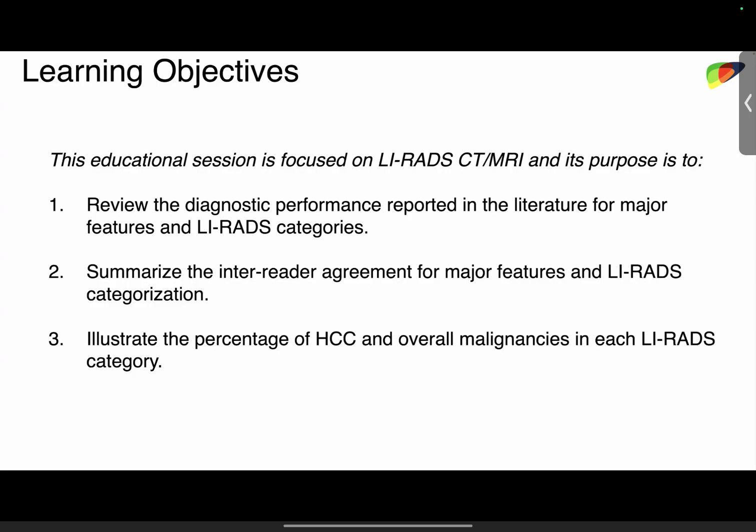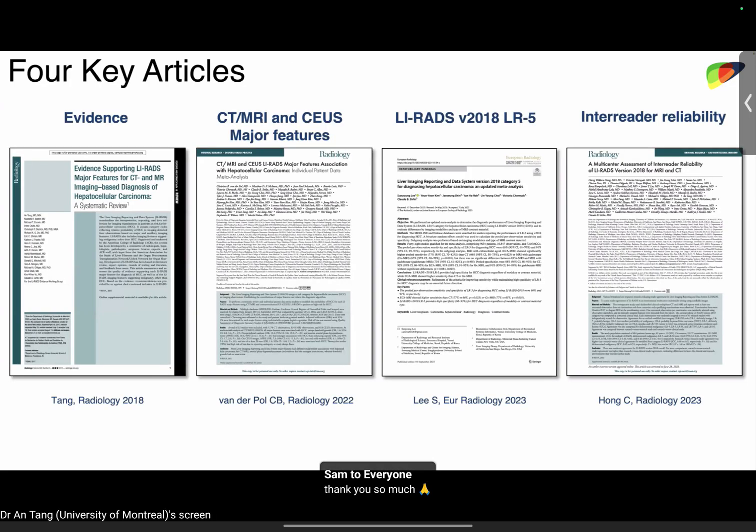If you like to read at your own pace, I would encourage you to take a quick look at these 4 papers covering evidence: a meta-analysis discussing major features by Christian van der Pol, LI-RADS 5 by a meta-analysis by Lee and colleagues, and a paper by William Hong on inter-reader reliability.